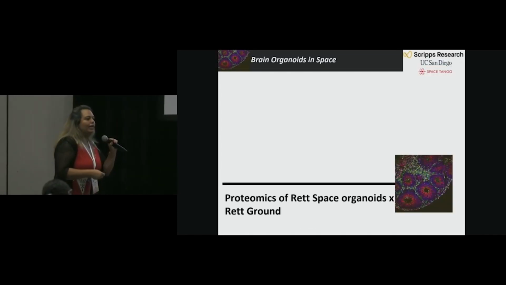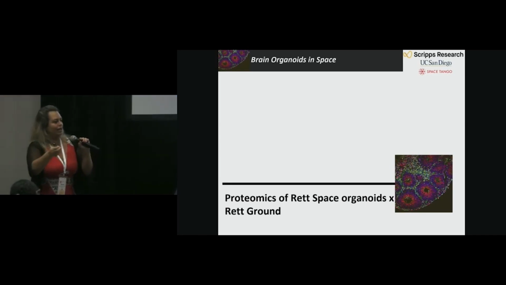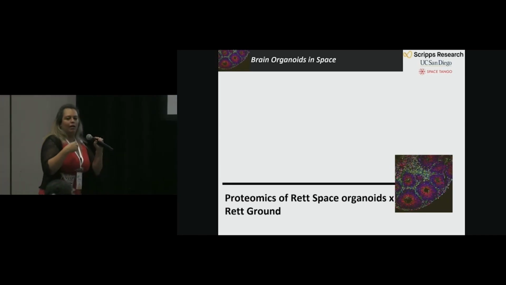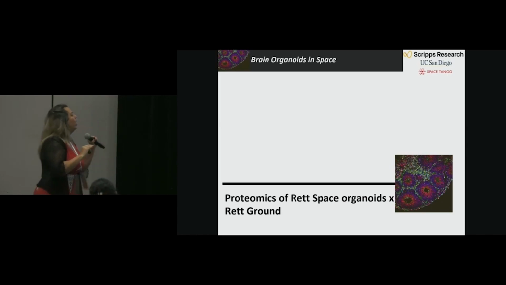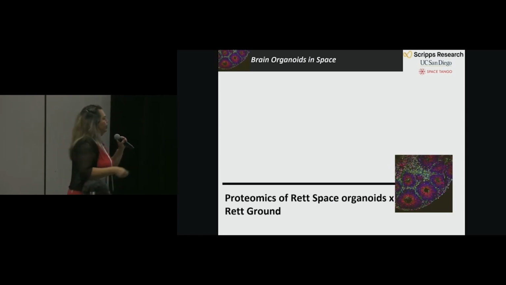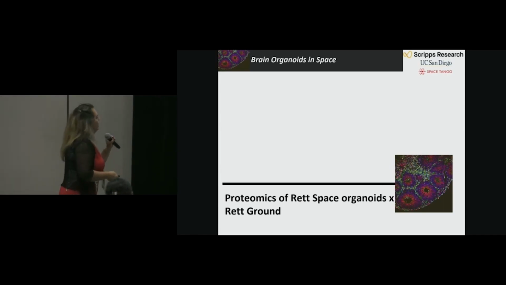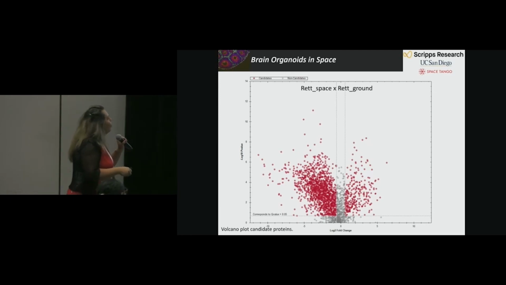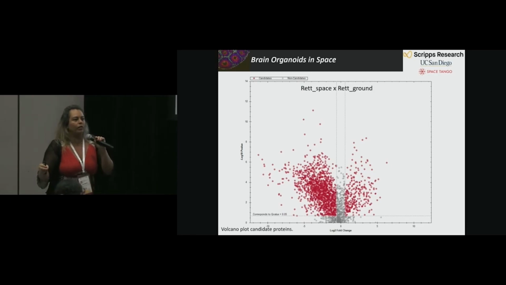So, of course, we compare the ground experiment to the space experiment. Especially our interest is to understand how these two organoids behave within the Rett syndrome, the organoids that were carriers of this deletion. So again, when we compare the space organoids with the ground organoids, we see an intense replication.